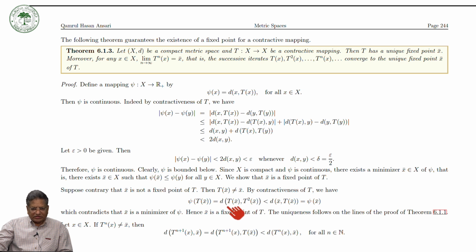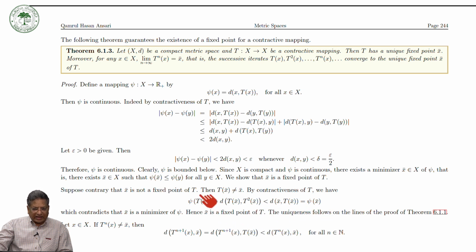And now because this T is contractive, this term is less than d of x bar, comma, T x bar. But this is what? By the definition, psi of x bar. So it means that psi of T x bar is strictly less than psi of x bar.